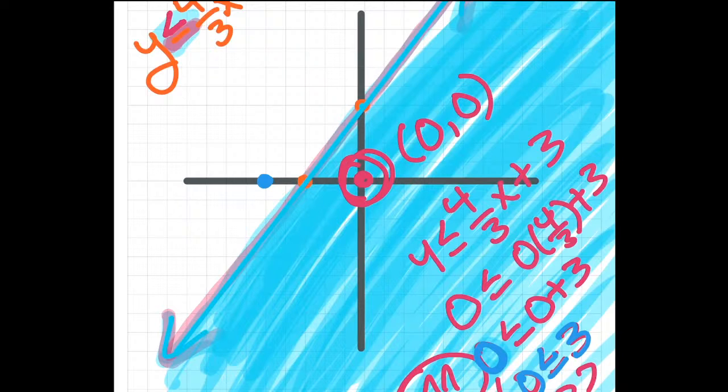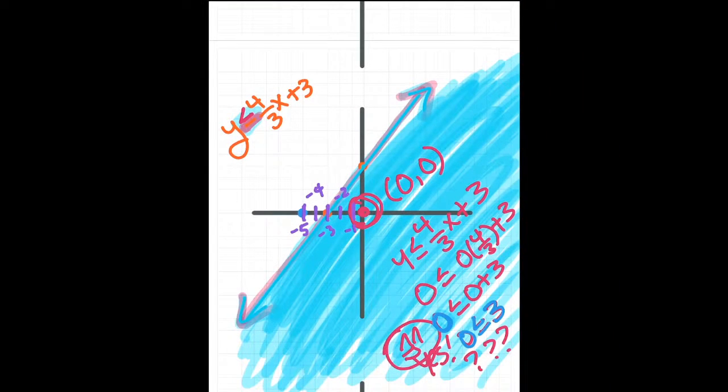This point right here is, let's see, -1 is here, -2 is here, -3 is here, -4 is here. Let me label it so you can see. So -5 is here. I'm choosing -5 because it is above the line, so it would be in the lined region if we were shading this direction.